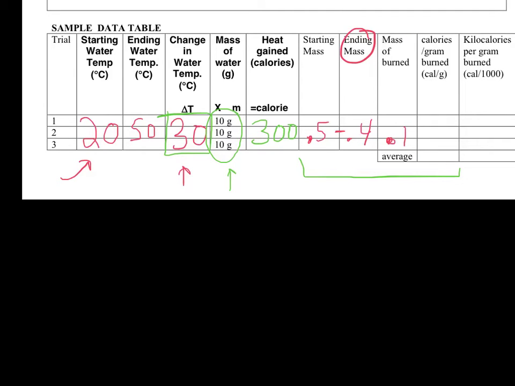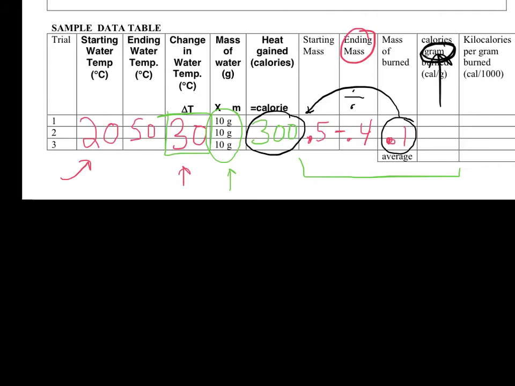So from that, what we're basically saying here is that 300 calories was produced when 1/10 of a gram of peanut burned, or marshmallow or whatever it is we're burning. So 1/10 of a gram produced 300 calories. Well, we want to know how many that would be in 1 whole gram. And since that's 1/10 of a gram, we would simply divide 300 by 0.1, and we know how many calories are in a gram.